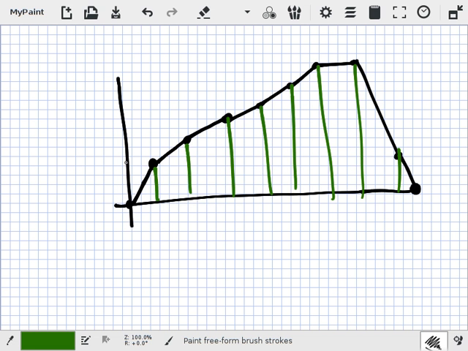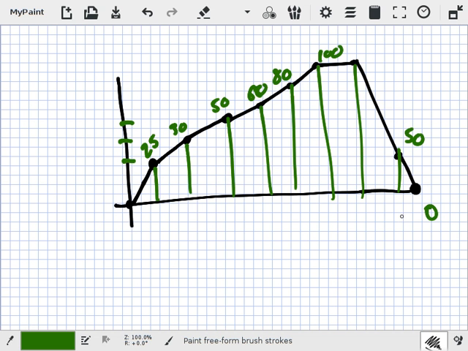This is going, what's that now? 25, 30, 50, 60, 80, 100. So this one is at 25, 30, 50, 60, 80. These are at 100. This is at 50, and this is at 0.